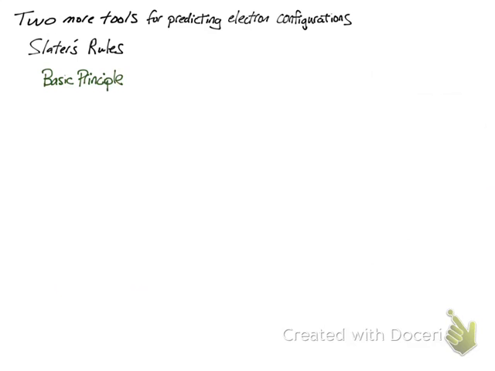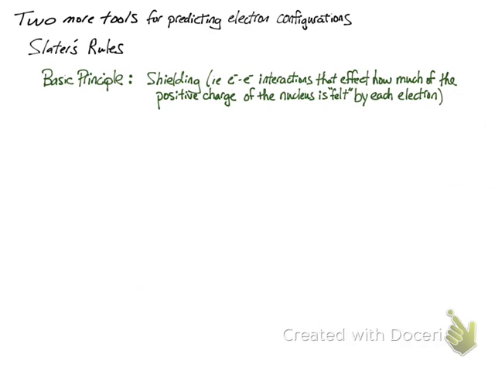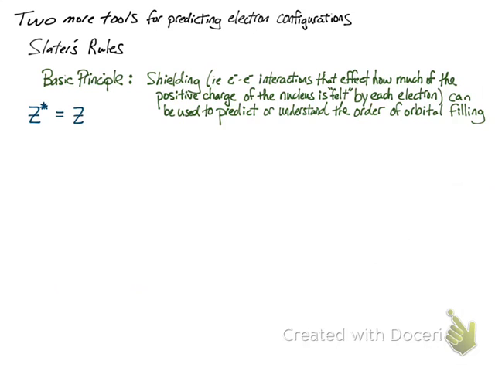The basic principle behind Slater's rules is that shielding, in other words, electron-electron interactions that affect how much of the positive charge of the nucleus is felt by each electron, can be used to predict or understand the order of orbital filling. Particularly, this is helpful for the transition elements and some of the other anomalies.